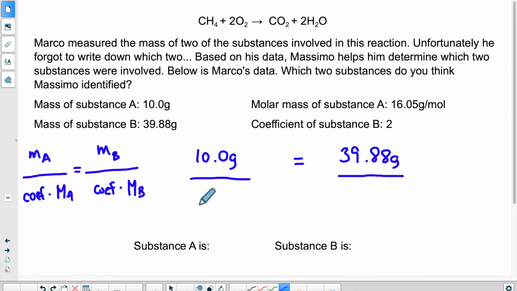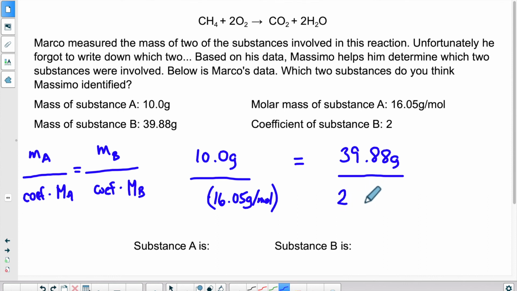Now, I don't know what the coefficients and molar masses are for A and B. Actually, I do have the molar mass for substance A, but I don't have its coefficient. So let me put a bracket. I know that the molar mass for this substance is 16.05 grams per mole. But since I don't know what substance it is yet, I don't know what to put as a coefficient, but I'll get back to that. And I have the coefficient for substance B, which is 2.